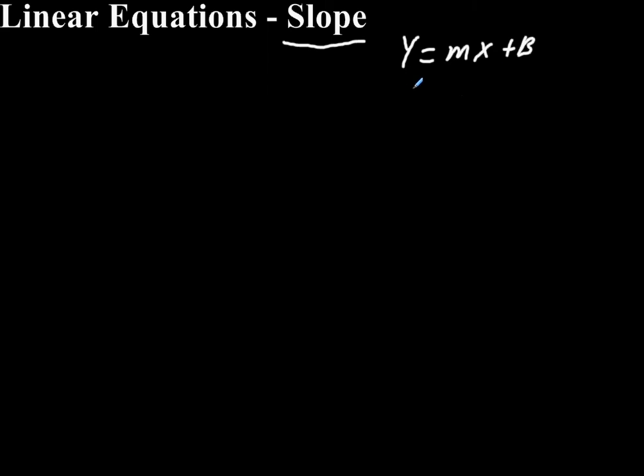This equation is known as slope-intercept form, because the m represents your slope and the b represents your y-intercept. All we want to talk about today is just the m.